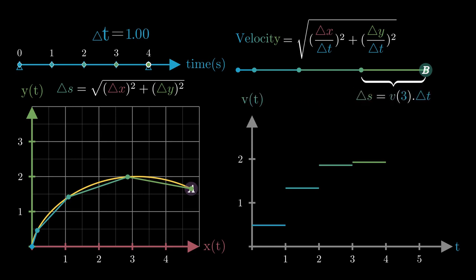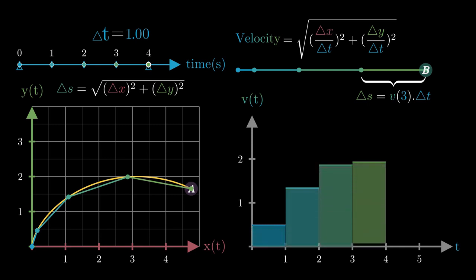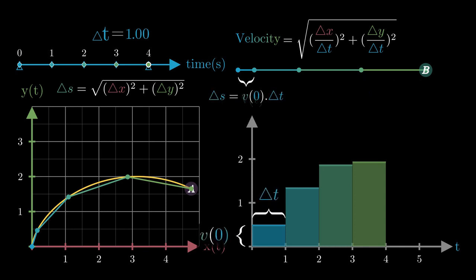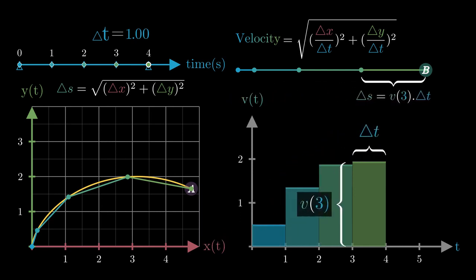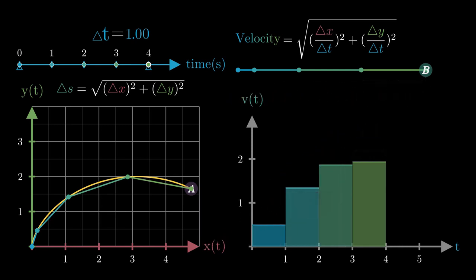So, summing up all these little distances can be seen in a whole different perspective as summing up the areas of rectangles on this velocity graph. The width of each of these rectangles is delta t, and the height is given by the velocity during that interval. And if you have done some calculus, you would probably be guessing where this video is heading towards.